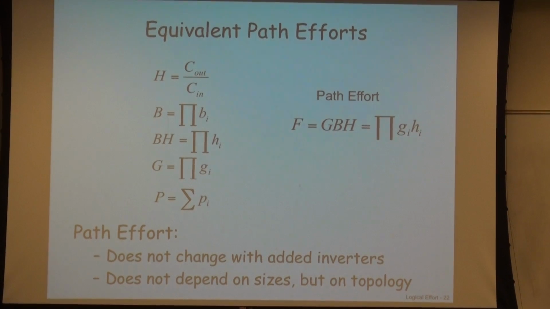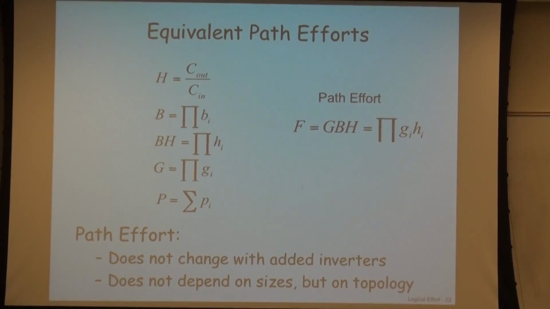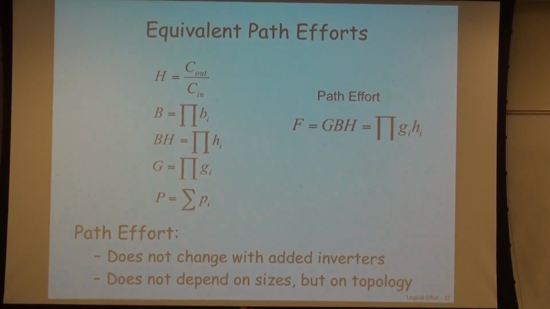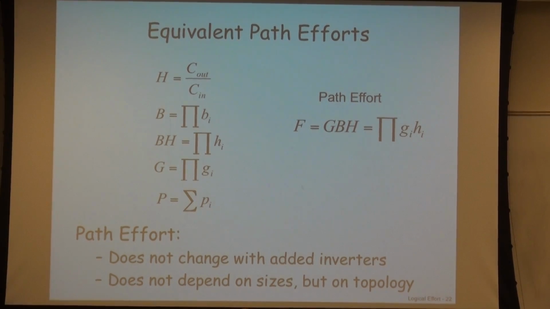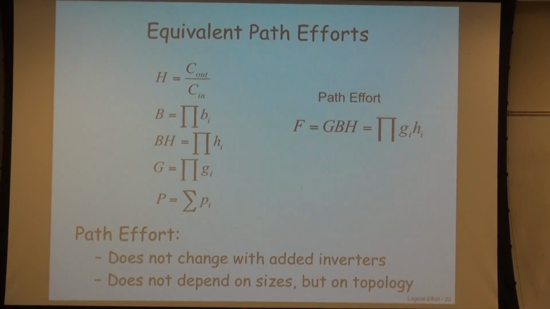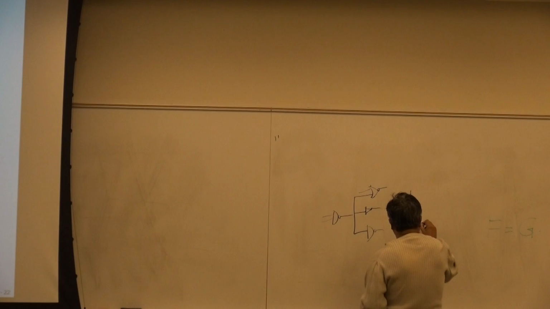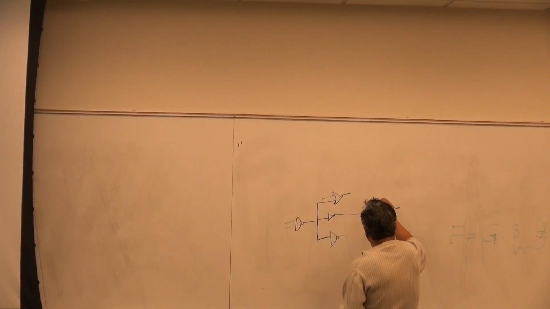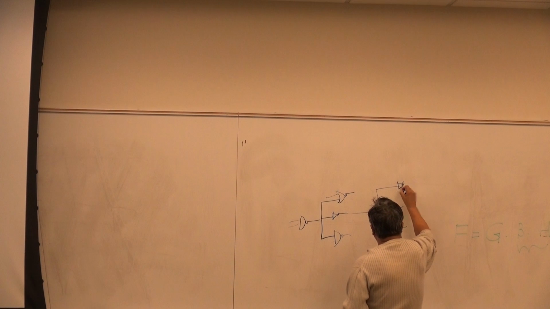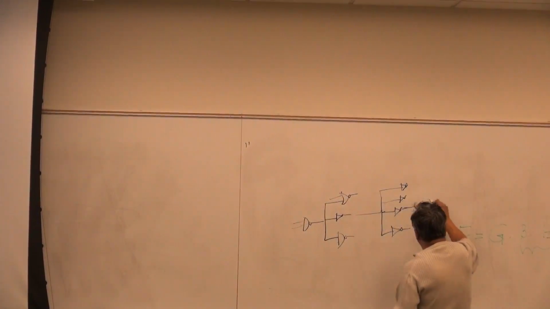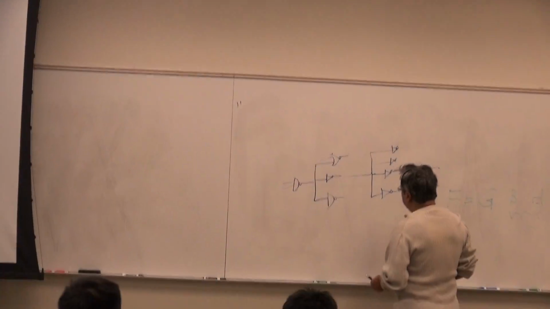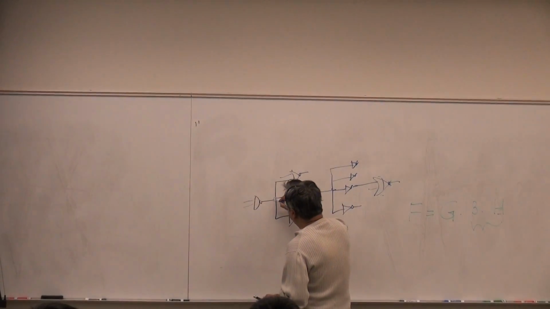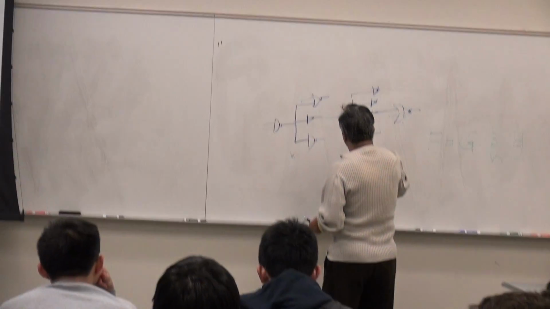Branching at different places. So if you have a case like this, then you have to have the branching over here is B1, branching over here is B2.